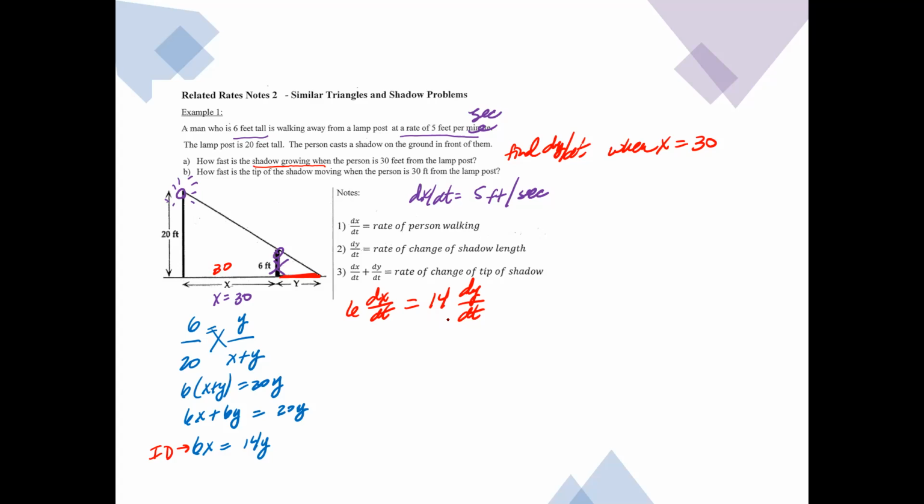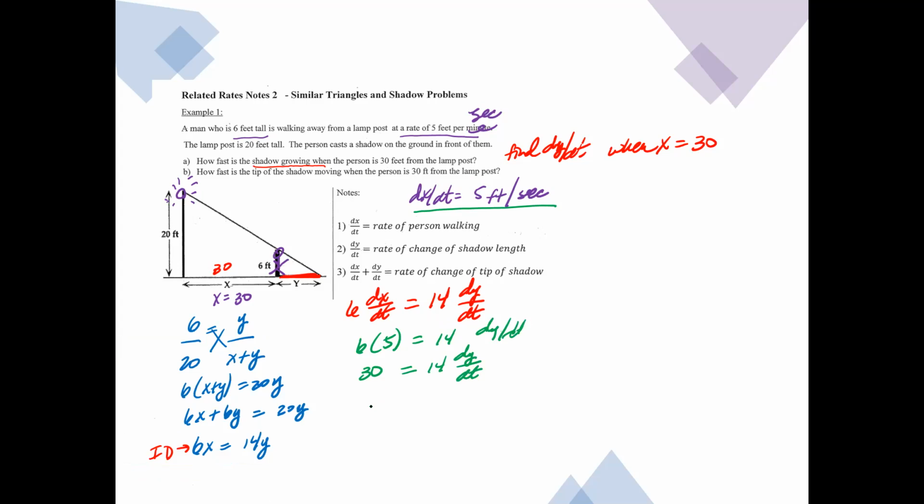Once I have this part right here, it is given to me that dx over dt is 5, because the person is walking away from the lamppost at 5 feet per second. So 6 times 5 equals 14 dy over dt. At this point, I think you kind of see where we're going with it. So 30 equals 14 dy over dt.